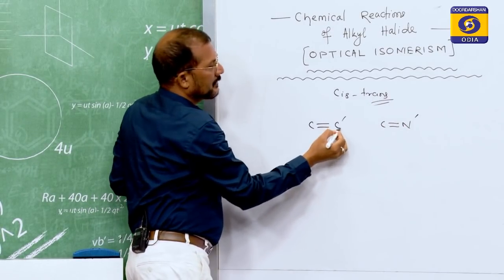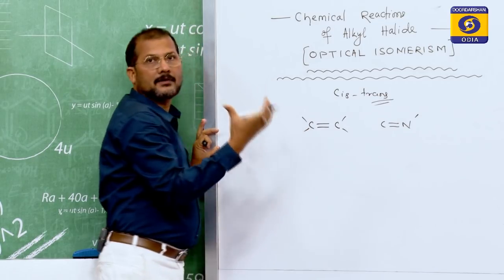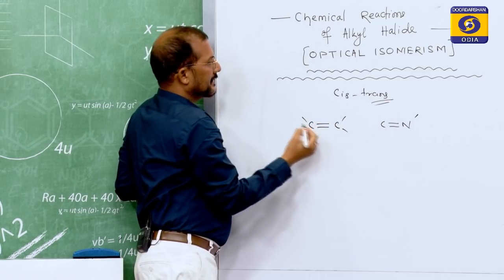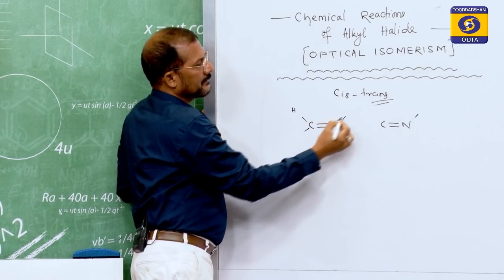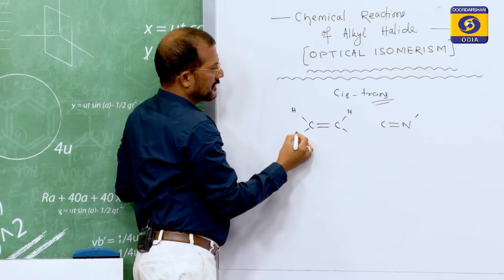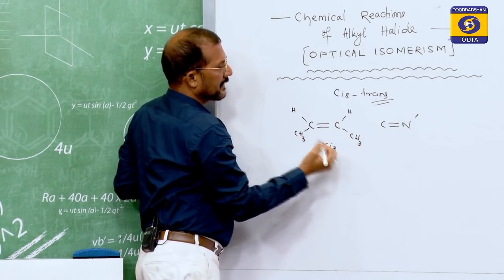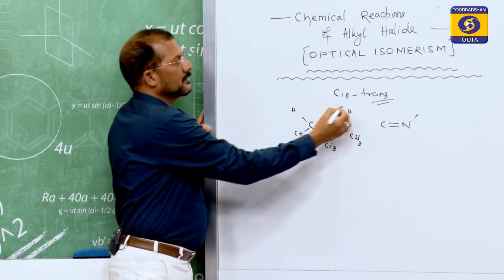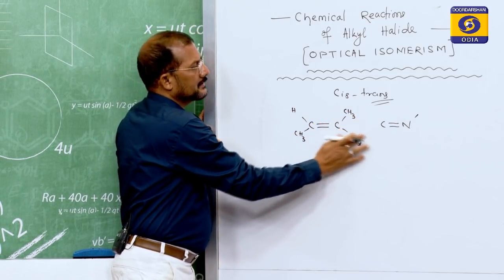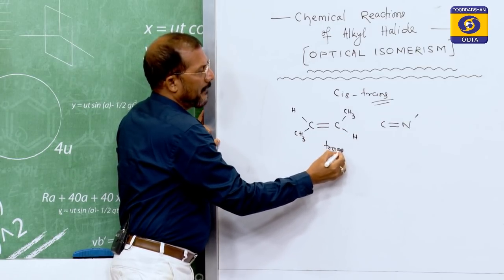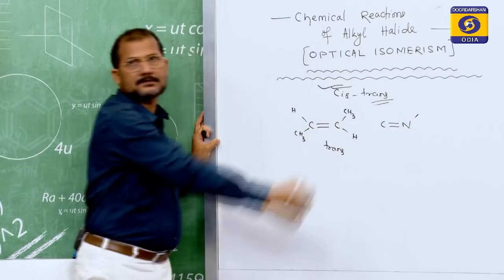If the arrangements of groups around this carbon-carbon double bond are different, then we see cis-trans isomerism. Suppose this is hydrogen, this is hydrogen, this is methyl and this is methyl, this is the cis isomer, and if it is opposite like this, then it is the trans isomer.